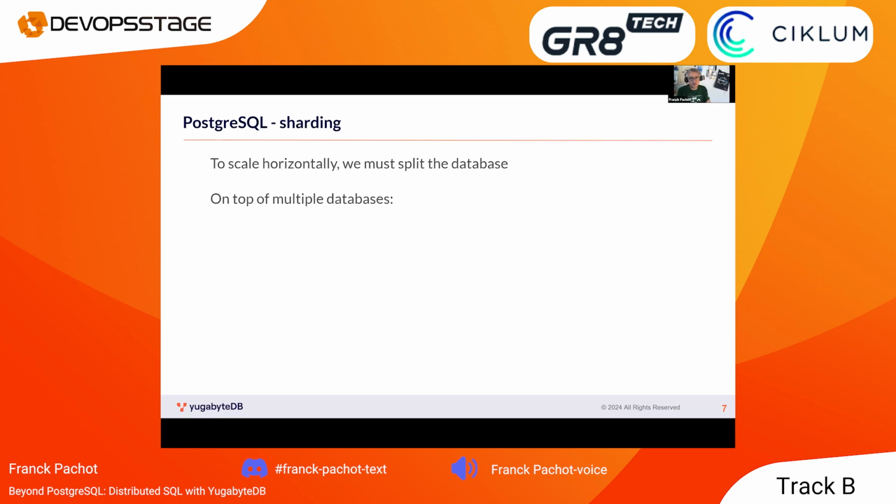And there are two ways to shard that. The first you may think about, if you run with standard Postgres, is sharding on top of multiple databases. So the application knows that this set of customers are stored in this database, this other set of customers are stored in the other one.